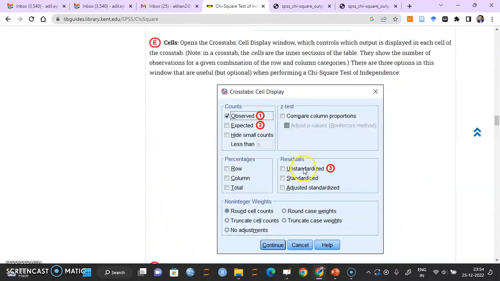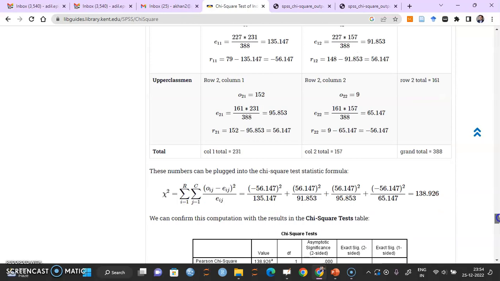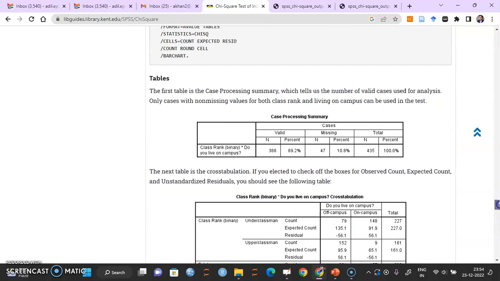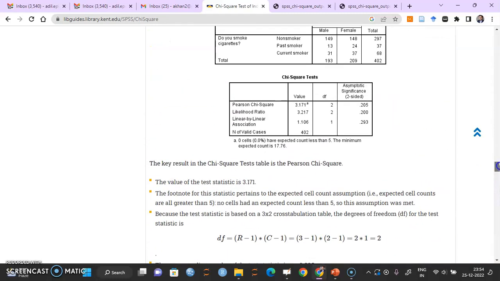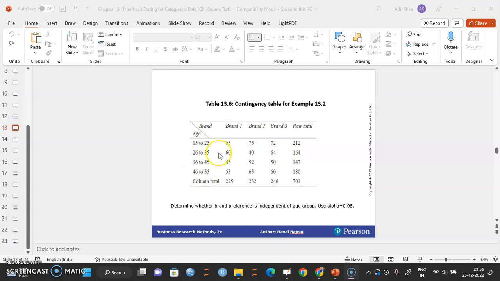So quickly let's do one test by hand, and I'll do this calculation for you. Let's have a look at some data. So we have this data, which I will use to do the chi-square test.